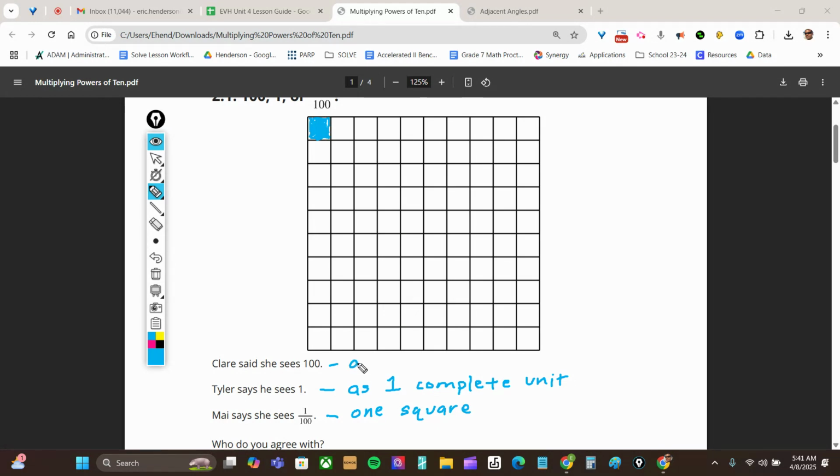And as a group of squares, as a group of 100 squares. And then you could say down here, it depends. Alright, put that in your notes.